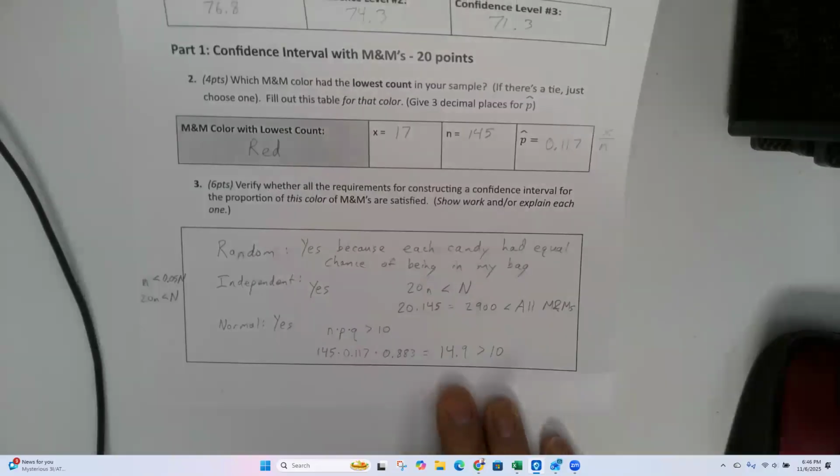What about you guys? After you do N times P times Q, did anyone get less than 10?